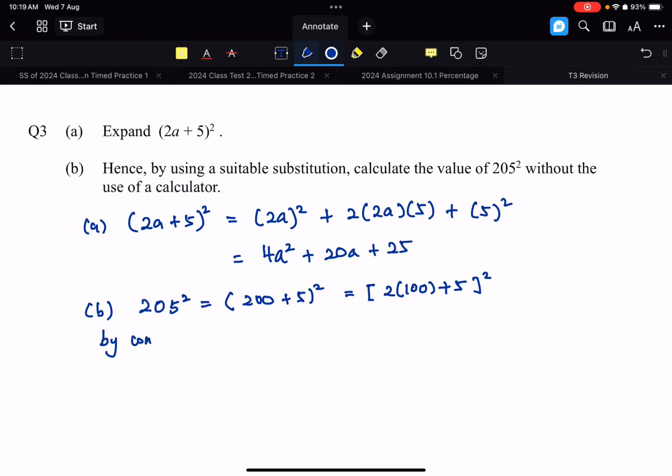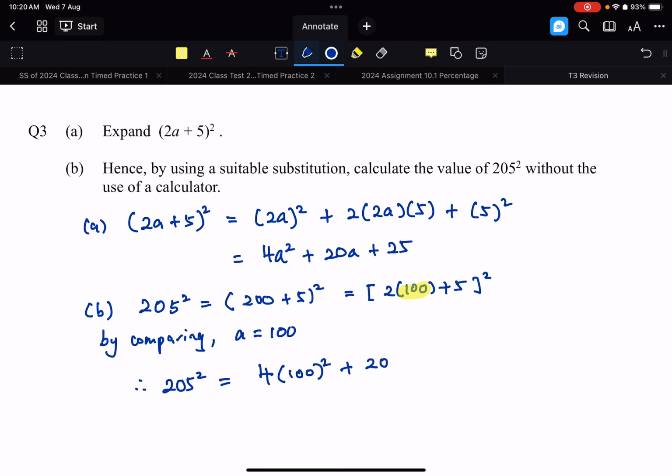Okay, so by comparing, we let a is actually equals to 100, right? You can see that over here, this is a.